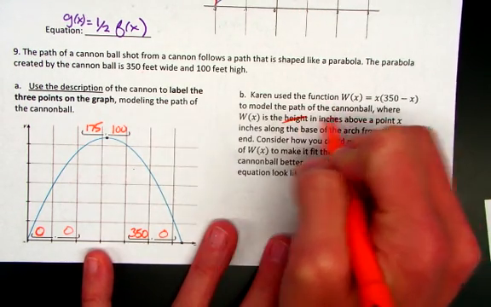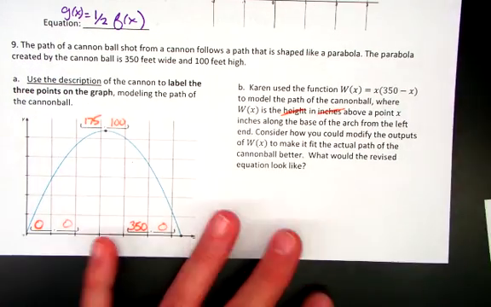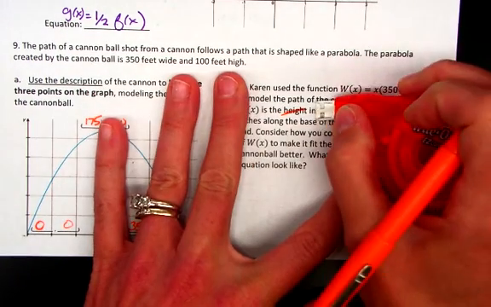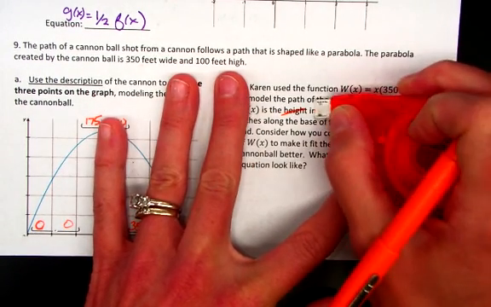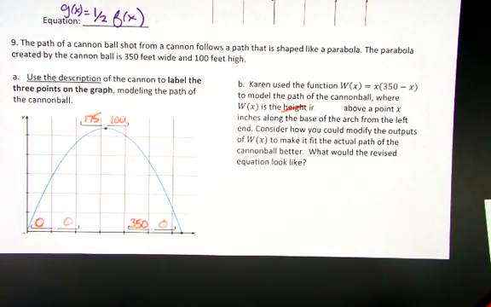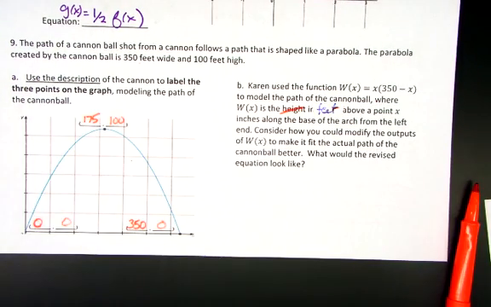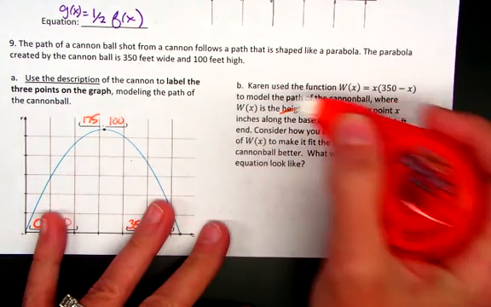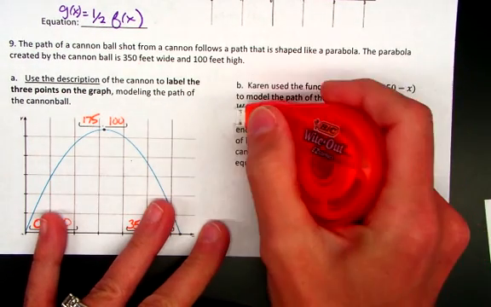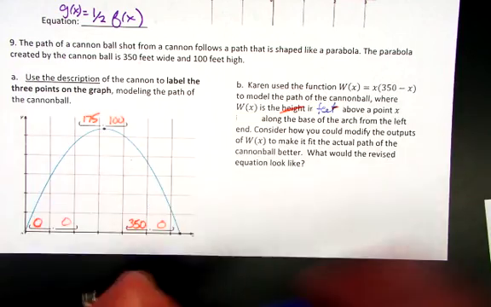Oops, sorry. This is going to be feet, you guys, not inches. No bueno. So it's going to be the height in feet above a point X, and also feet. So this is feet.